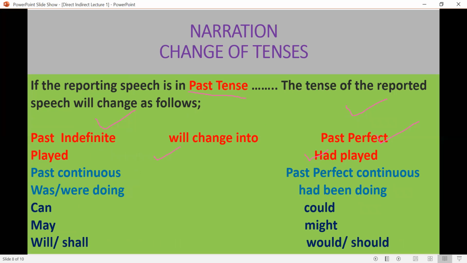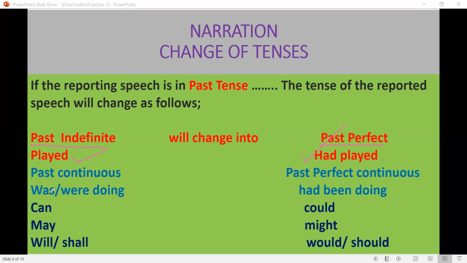If the sentence of the reporting speech is in past indefinite, it will change into past perfect. Like second form has been used, played, it will be changed into had played.